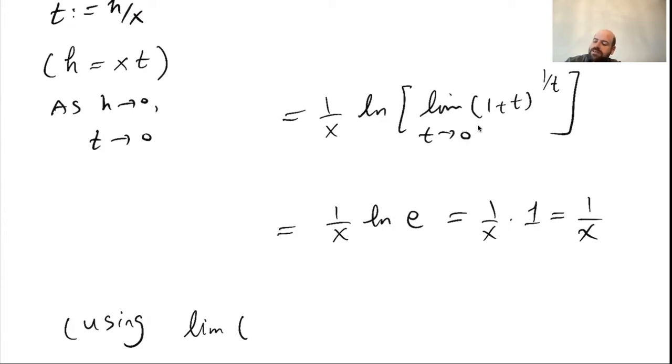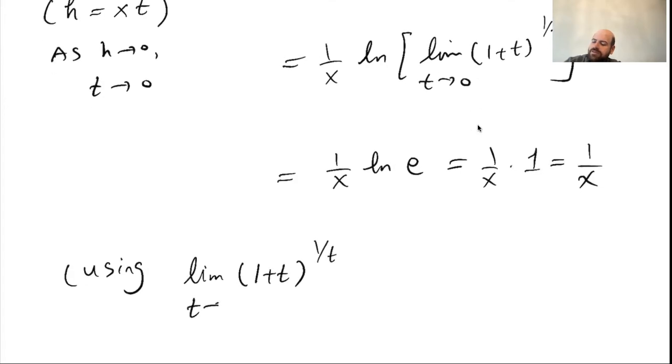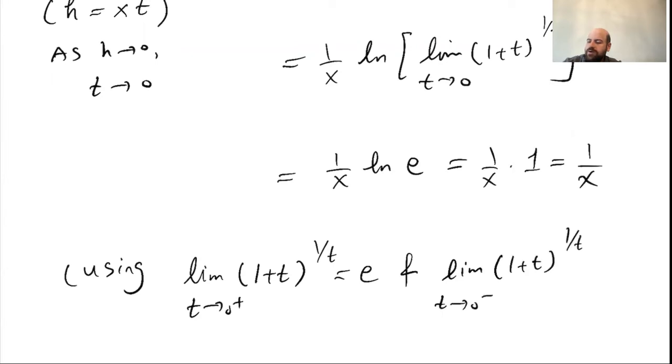So let me say, using the fact that limit of (1 plus t) to the power 1 over t, as t goes to 0 plus is e, and the left limit, (1 plus t) to the power 1 over t, as t goes to 0 minus is also e.